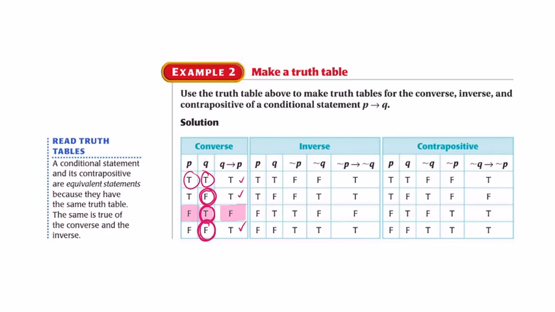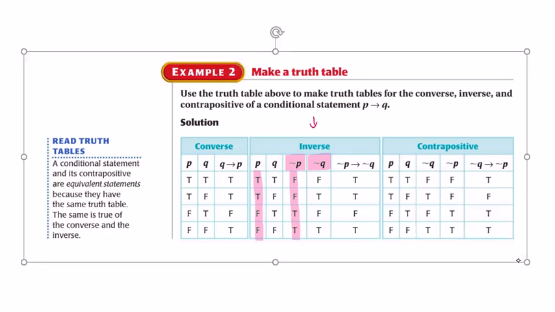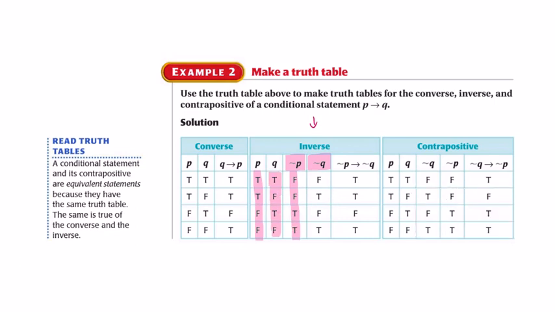And for the inverse, I need to first find whatever not P and not Q are. So I'm just switching out those values. What's not true? That would be false. As you can see, all of those values are flip-flopping exactly what they are. True becomes false and false becomes true.